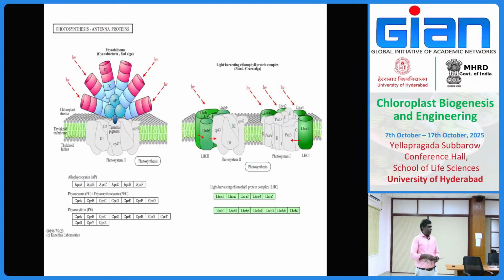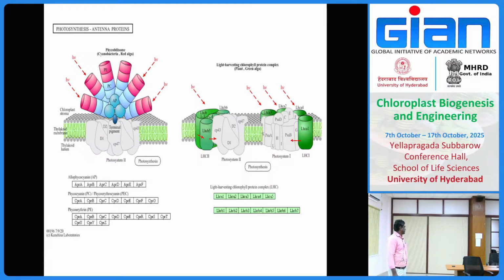So this might have been discussed earlier, but I also told you in the first class, the light harvesting complexes here, this is from plants and this is from the lower organism, cyanobacteria.